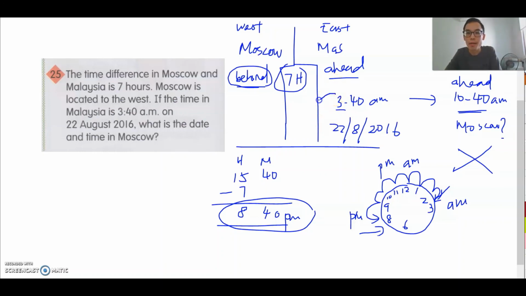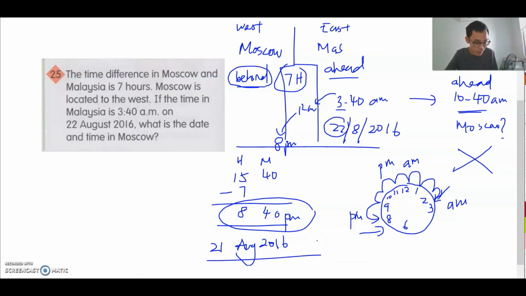So if we come back past 12 AM into the previous day, from 22 the previous day is 21st of August 2016. So that's your answer. The time in Moscow is 8:40 PM, 21st of August 2016.